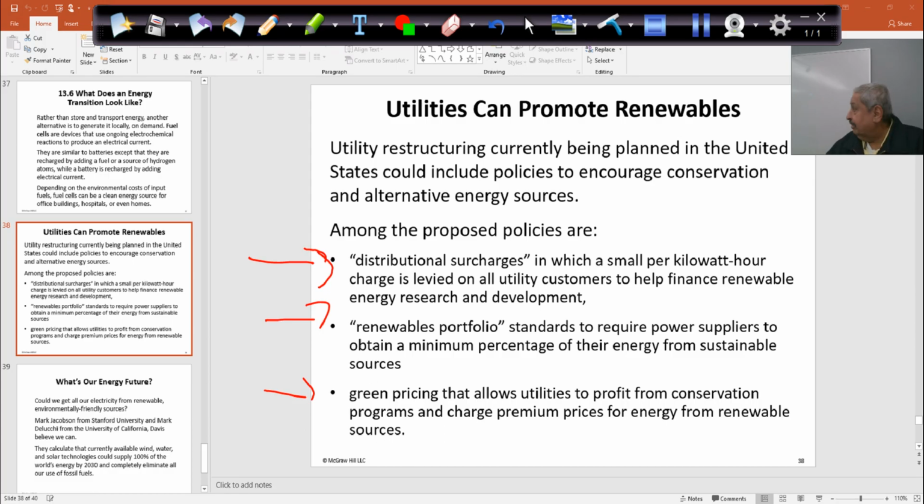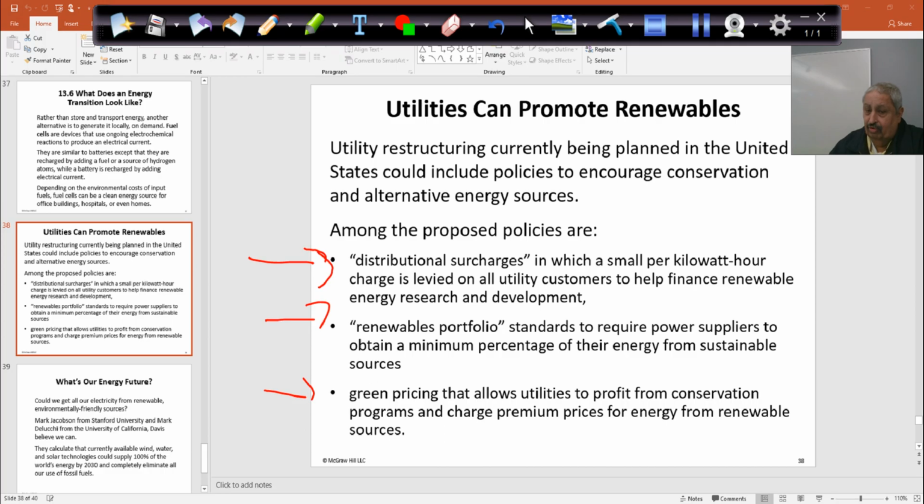Well, you will see your bill will go up. So you'll pay more, because they use the money coming out of this higher bill rate to support research and development.